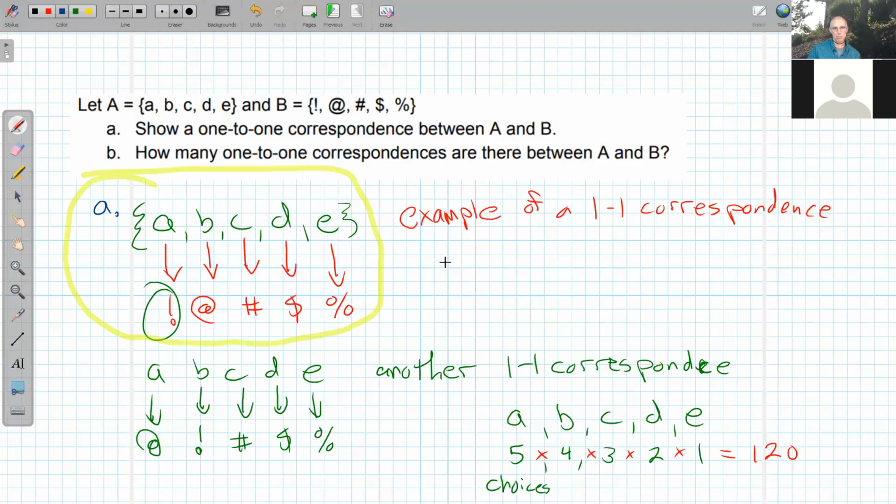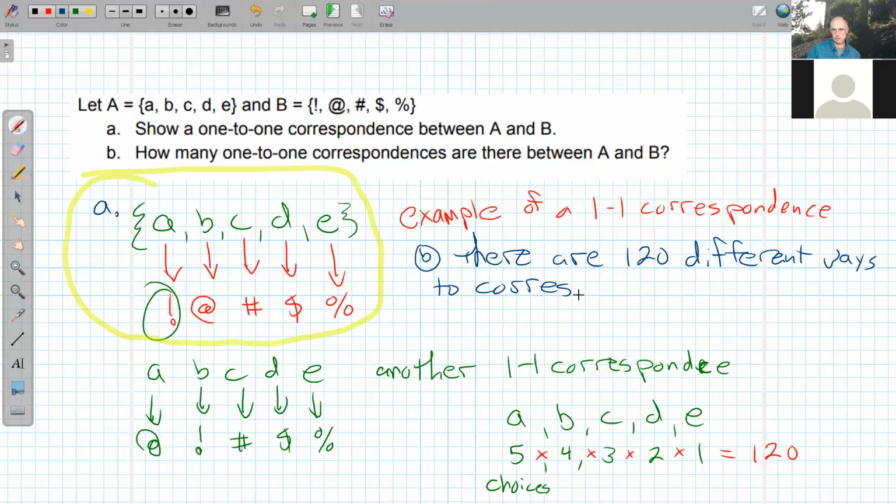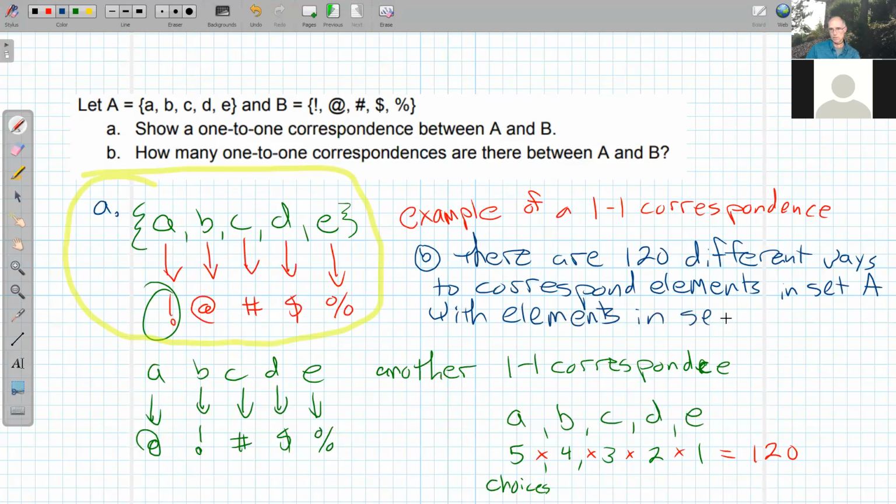I'm going to put my answer to part B right here. There are 120 different ways to correspond elements in set A with elements in set B. And then below is my evidence of that.